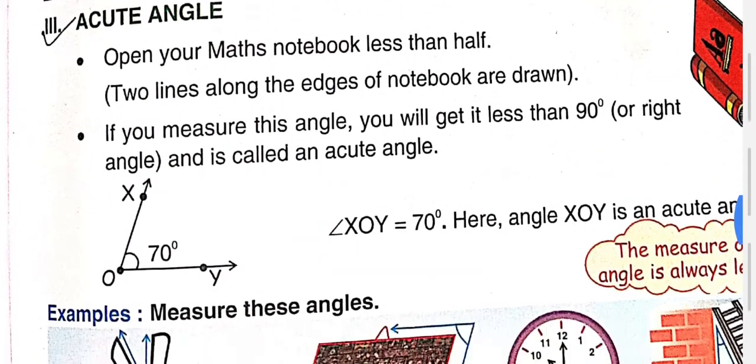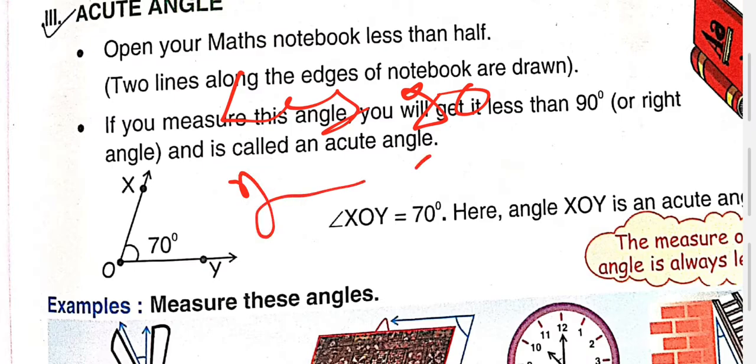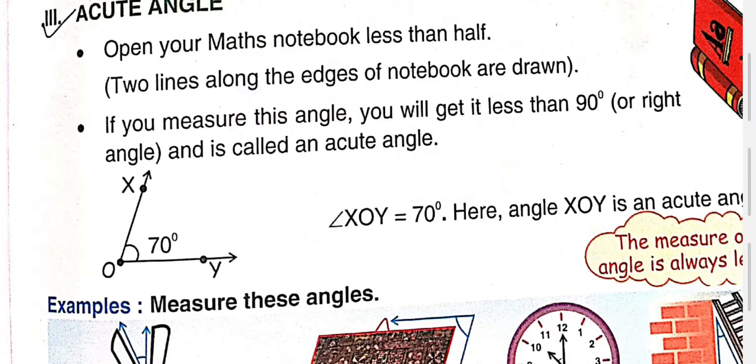Now come on the third one, acute angle. What is the acute angle? An acute angle is less than 90 and greater than 0. In simple words, the angle which is more than 0 but less than 90 is known as the acute angle. For example 70, because the angle is lying between 0 and 90.